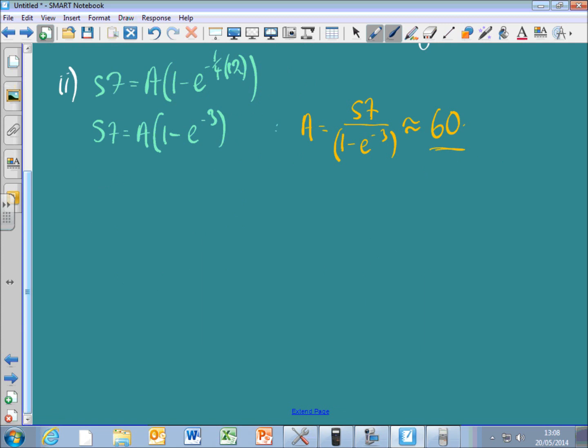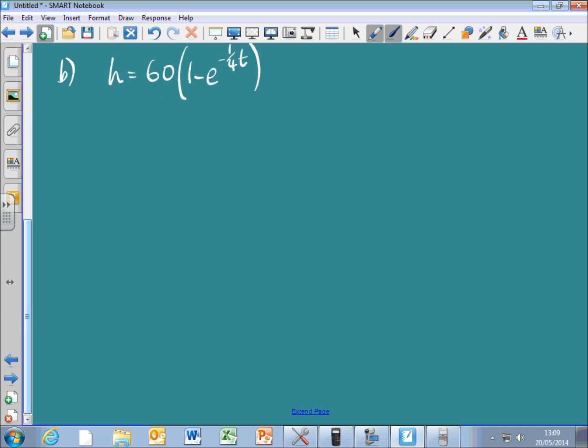Okay, so now it wants us to take the same model, but this time we know what the A is. It's 60, so I put it in like that, and it wants me to rearrange for t when the height is 48. So let's put the height in as 48.